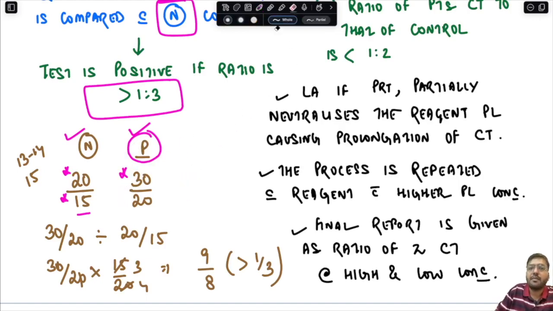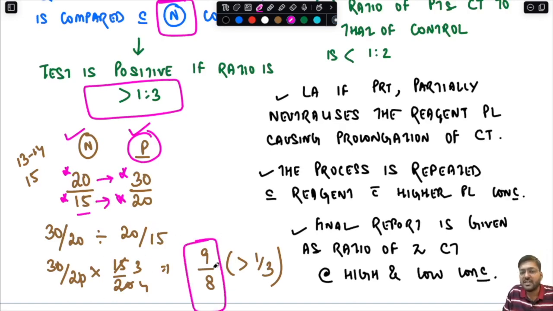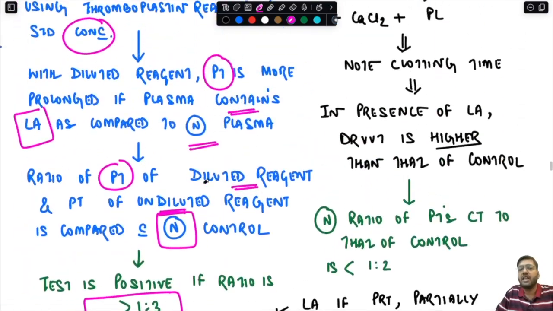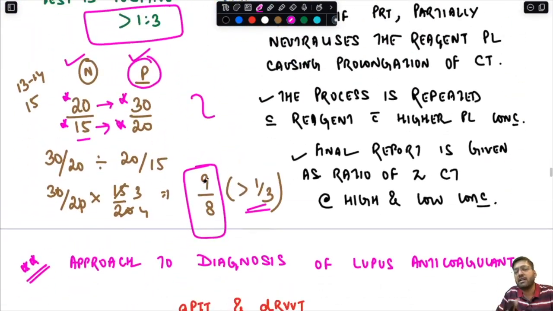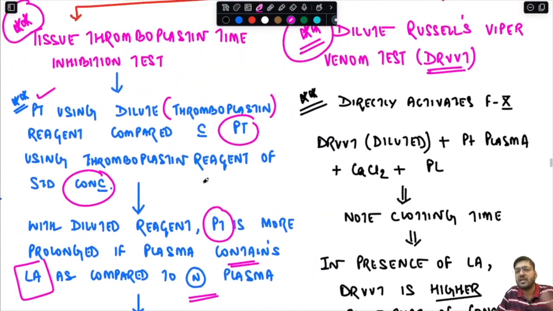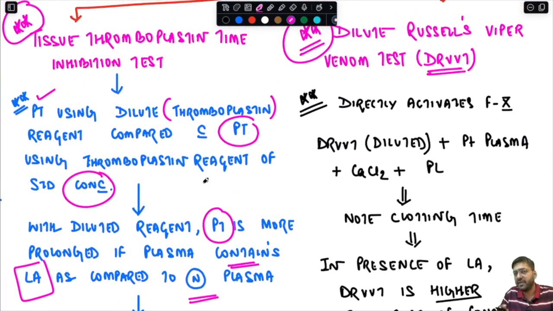Compared with the normal, this is an increase. If you divide the two, it comes to 3:2, which is 1 point something, more than 1.3. So this is what I have just shown you with an example. You need not remember this for your exam purpose. Even if you just remember these points, it is more than enough.